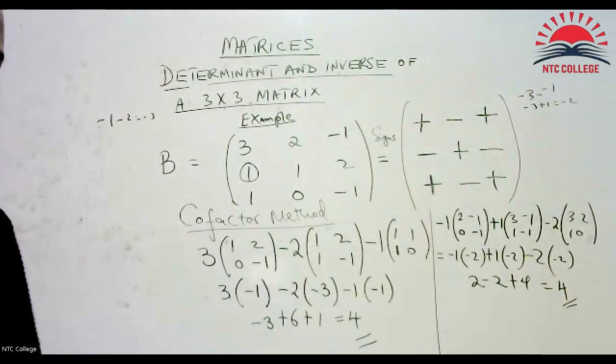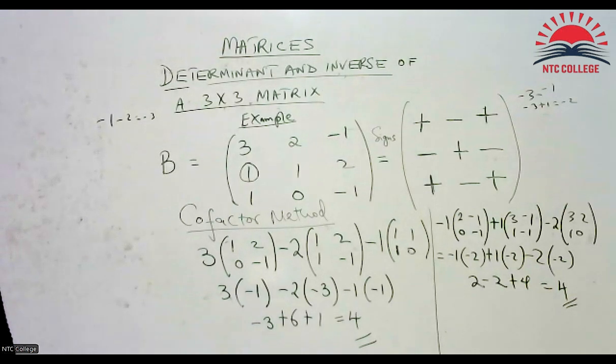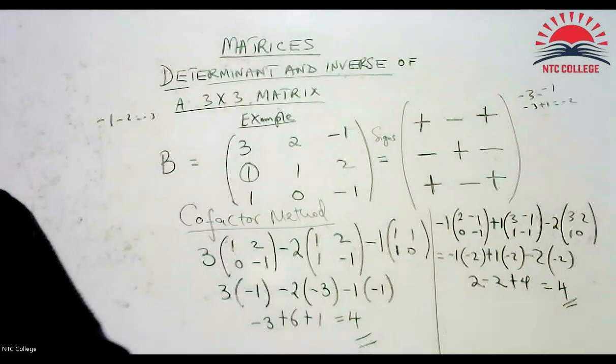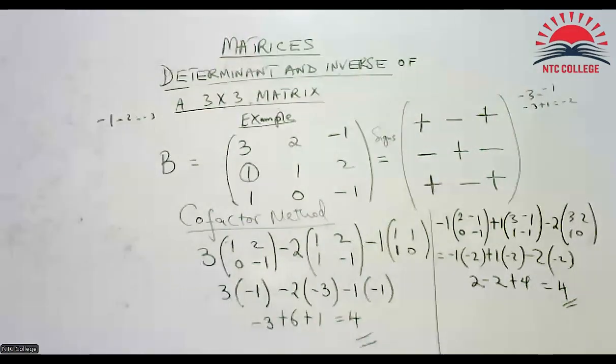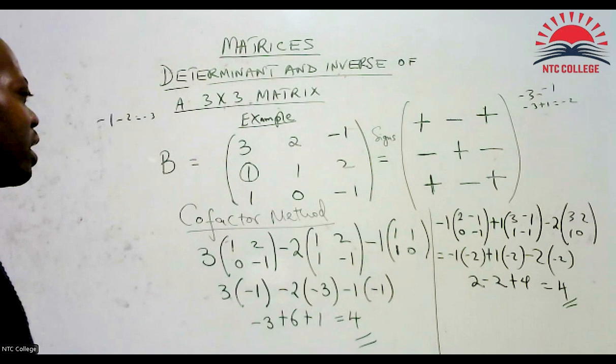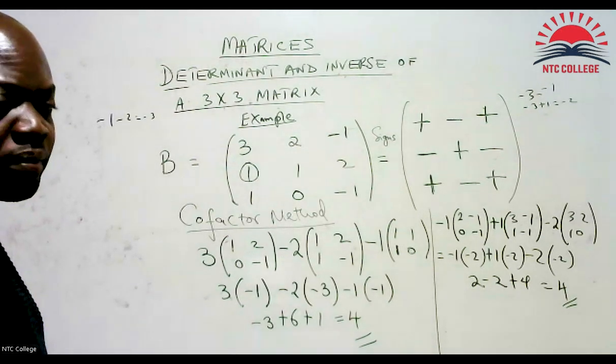We have no choice, like I was saying, but to know how to obtain the so-called cofactors. And we have clearly seen them. Now, this has confirmed for us that whatever row you pick, when you are using the cofactor method of getting the determinant of a 3 by 3 matrix, it will always give the same determinant.